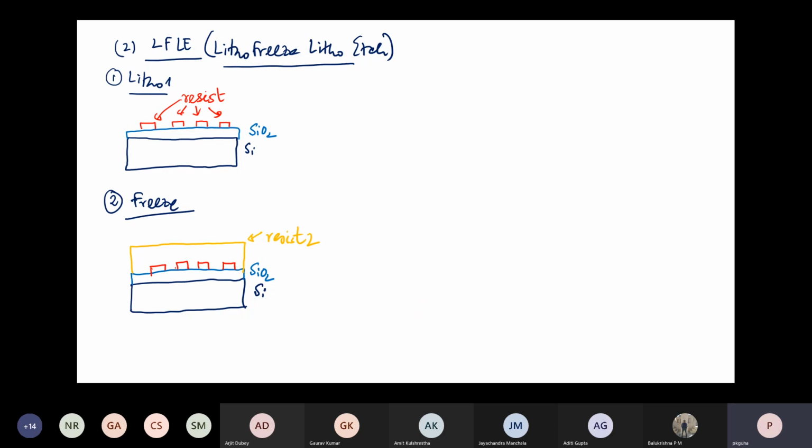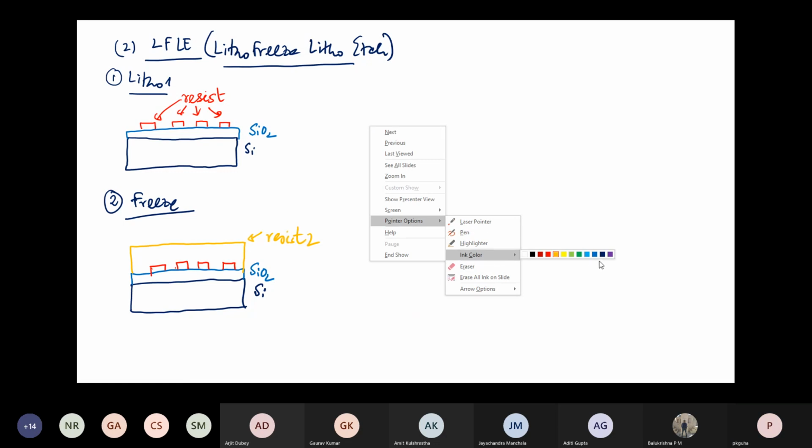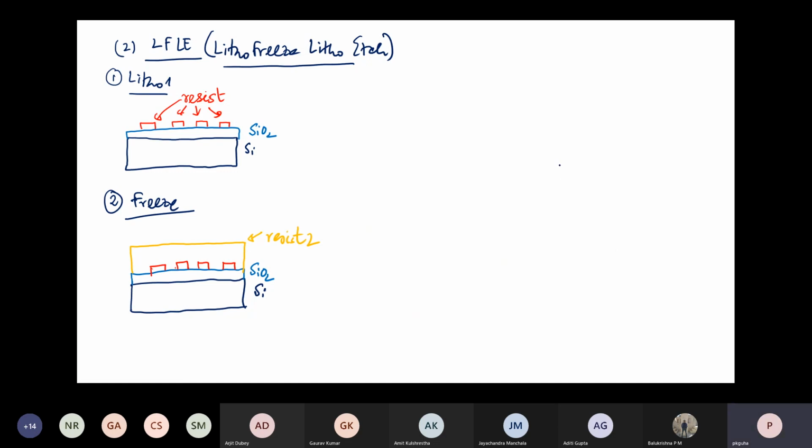So in step 3, that is another litho step.